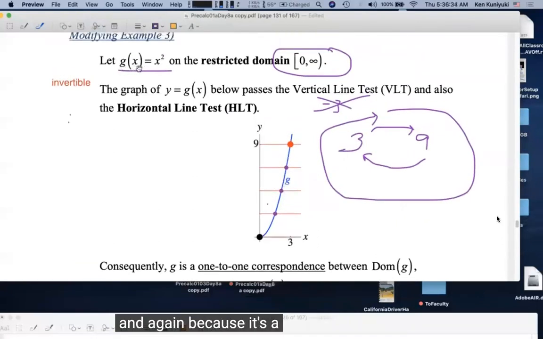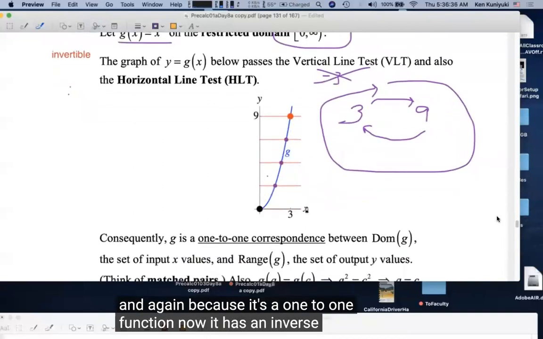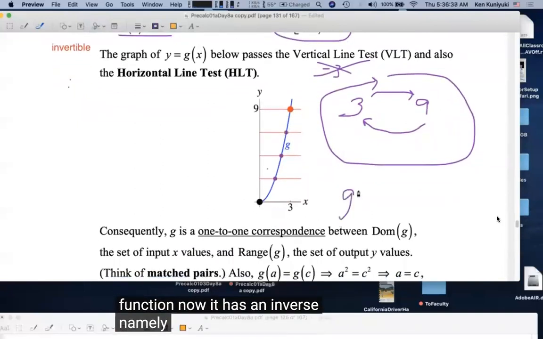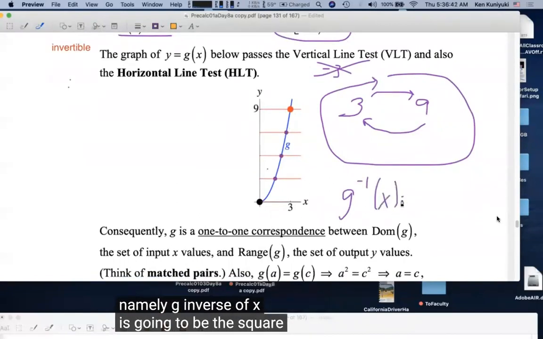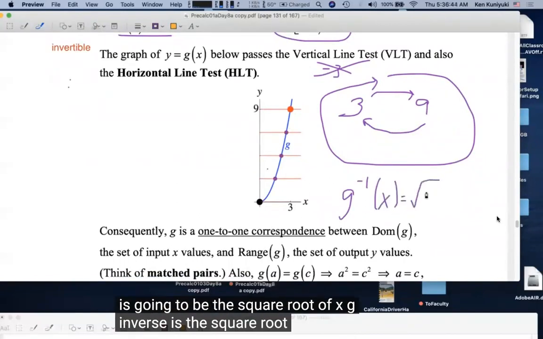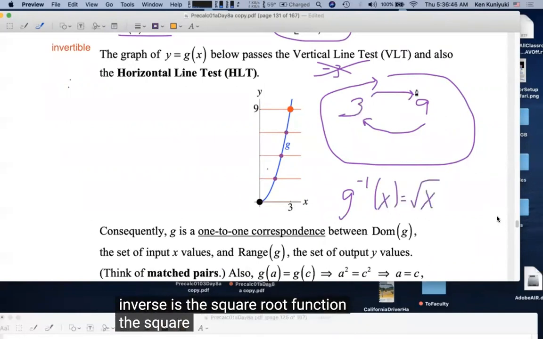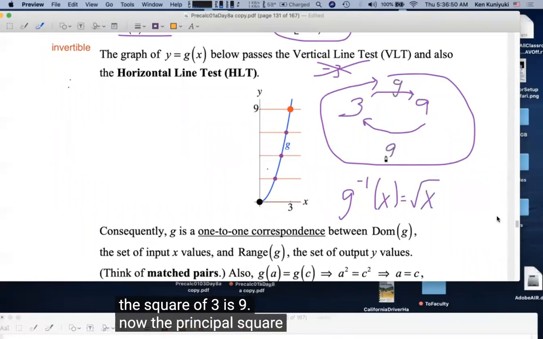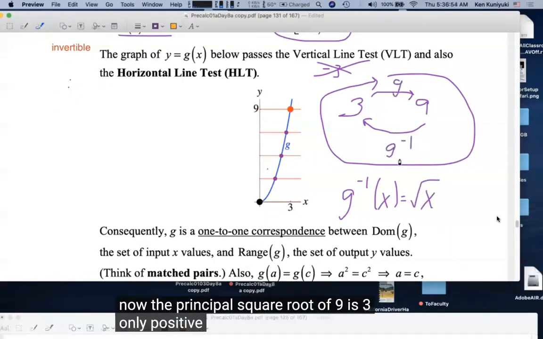And again, because it's a one-to-one function now, it has an inverse. Namely, g inverse of x is going to be the square root of x. G inverse is the square root function. The square of 3 is 9. Now, the principal square root of 9 is 3, only positive 3. The inverse is a function.